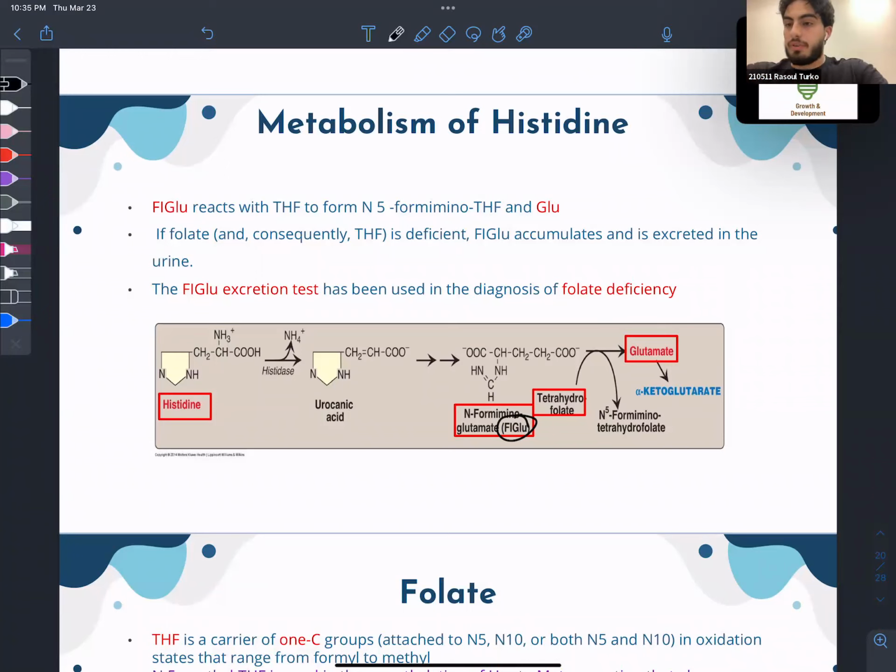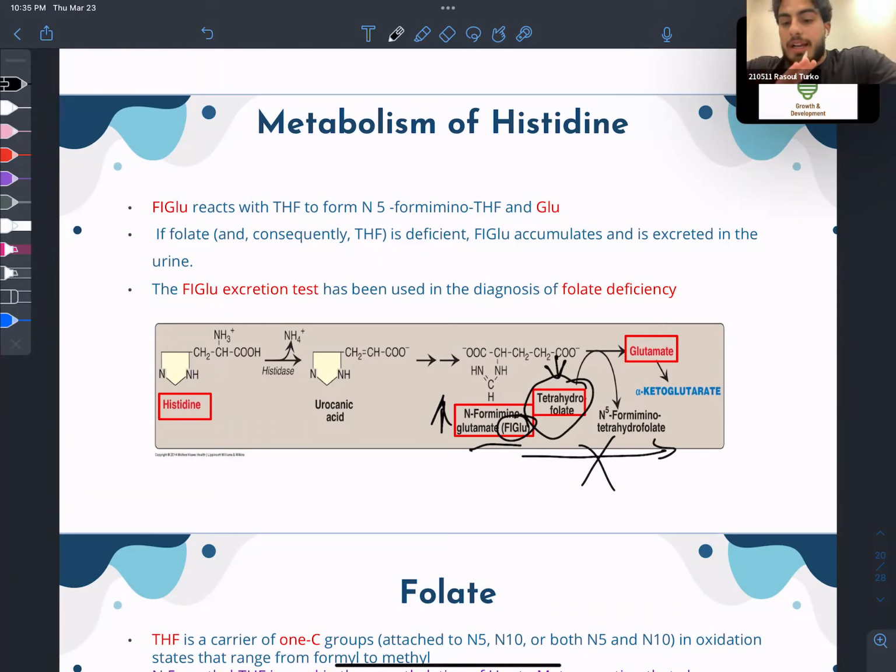it needs tetrahydrofolate. Okay, so if someone has a deficiency in tetrahydrofolate, that would increase the FIGLU. If we don't have tetrahydrofolate, that means the reaction from FIGLU to glutamate can't happen, and that would give you an accumulation of FIGLU. And what's good about this amino acid, formimino glutamate, is that it's excreted in the urine.